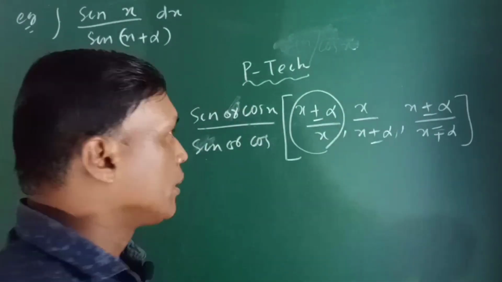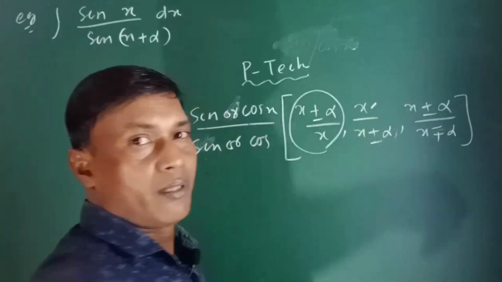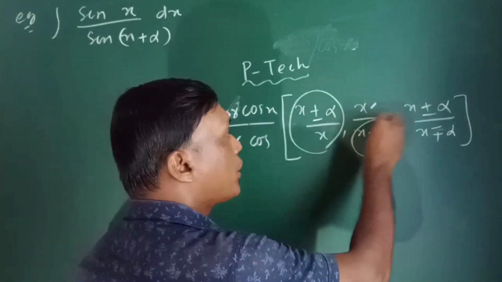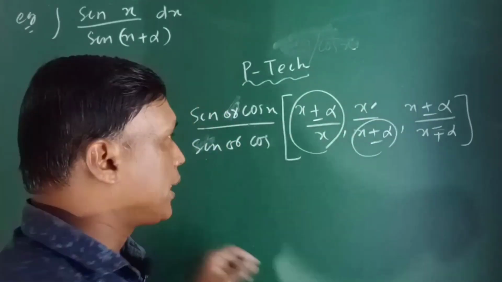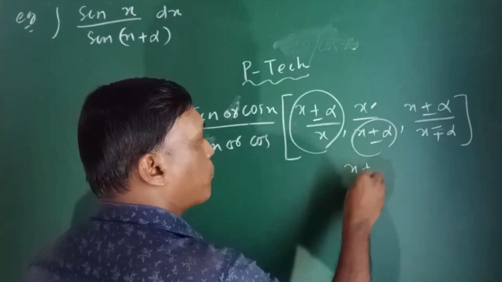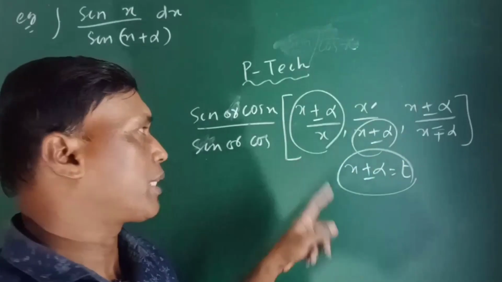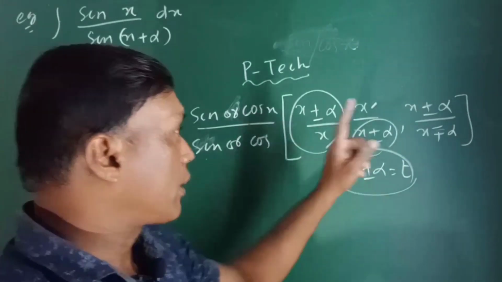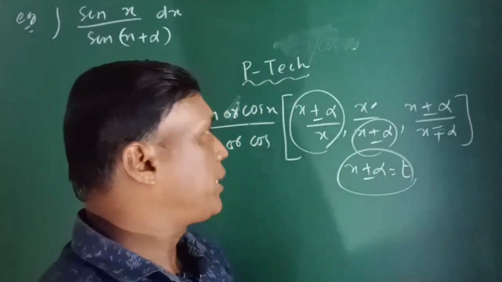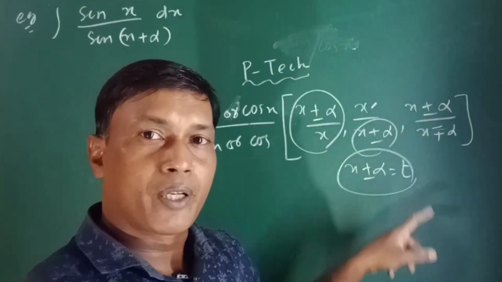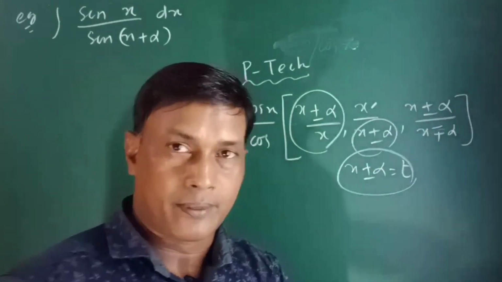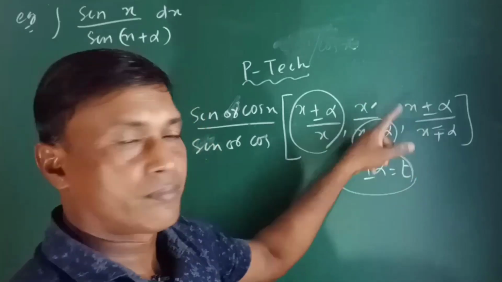Come to second form. If numerator is of single term but denominator is consisting of two terms, then you have to substitute x plus or minus alpha is equal to t. If it is x plus alpha, put t. If it is x minus alpha, then it's t. Third form is, look at here, numerator and denominator both consist of two terms each.